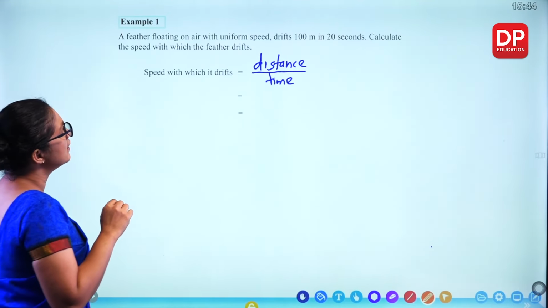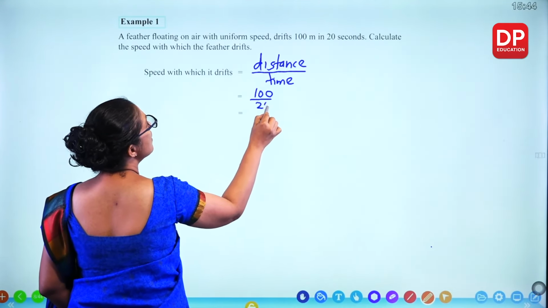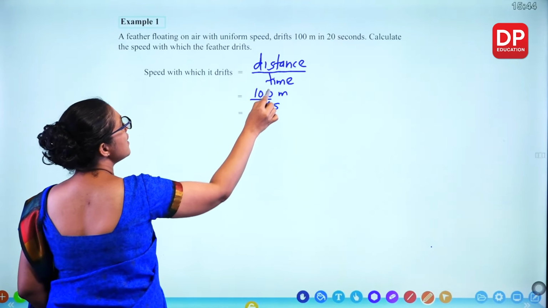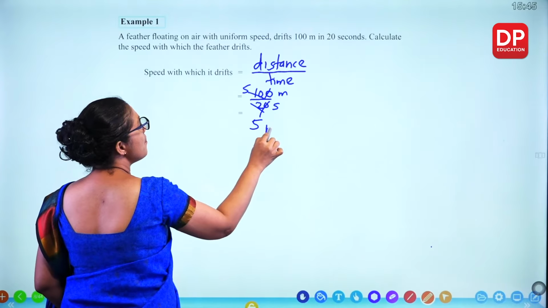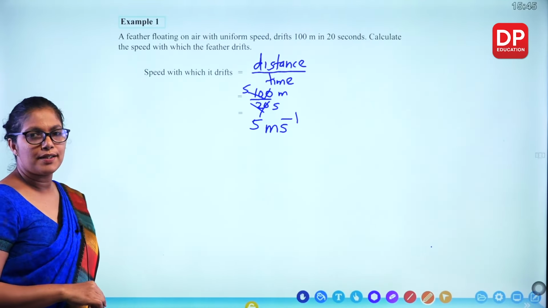What's the distance? 100 meters over 20 seconds. Now simplify, you get 5 meters per second. So that's the speed value.